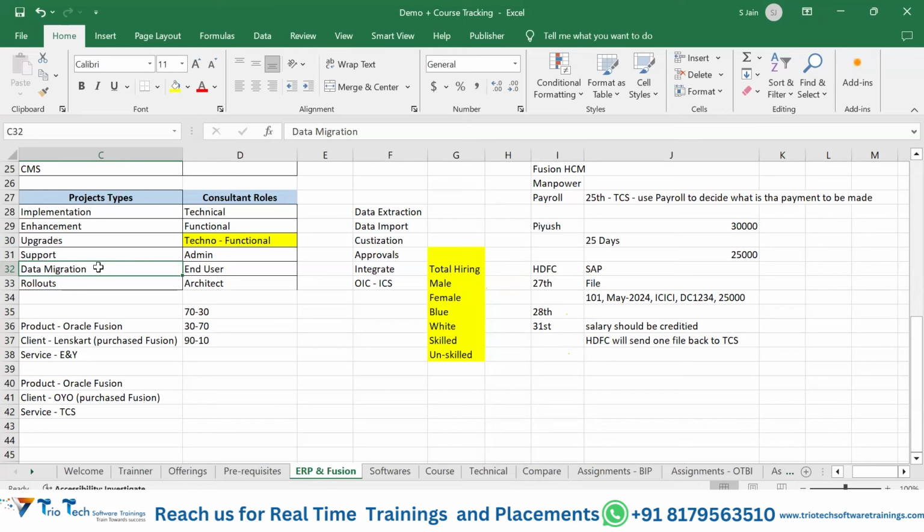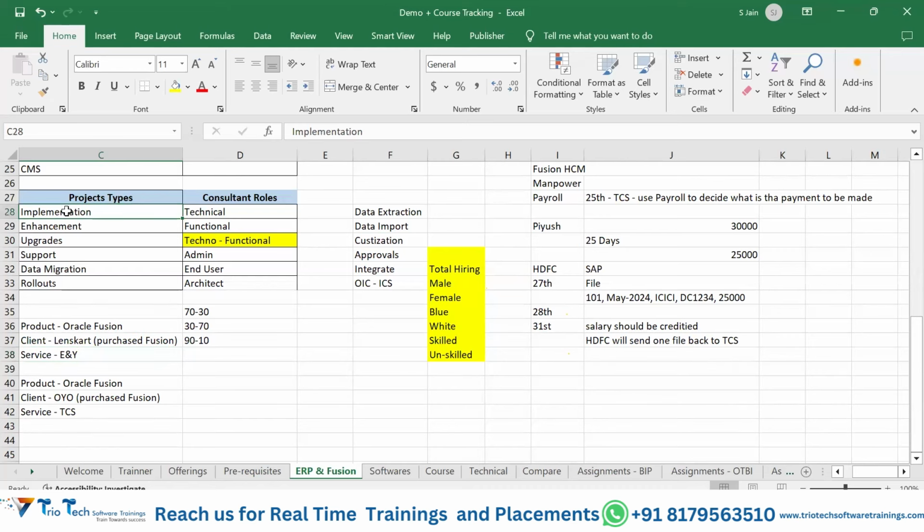And guys, the last one is the enhancement project. Enhancement project is something where, at the time of hiring EY, a certain scope was defined: we have shared the requirement, get these things implemented in 6 months.